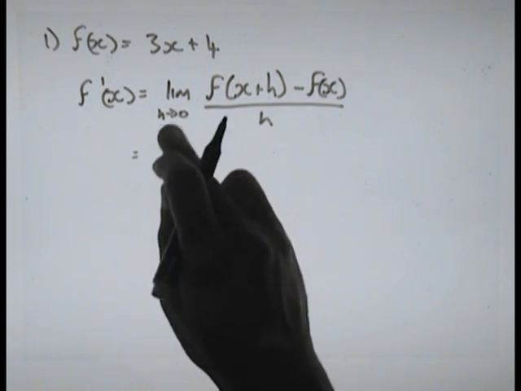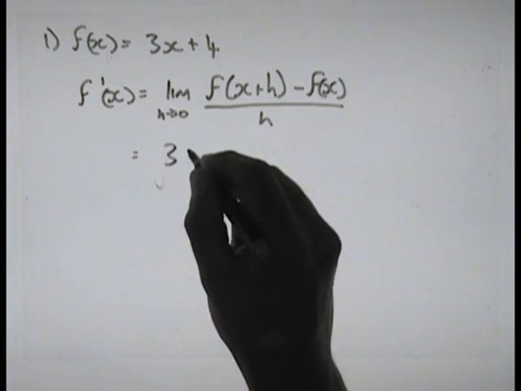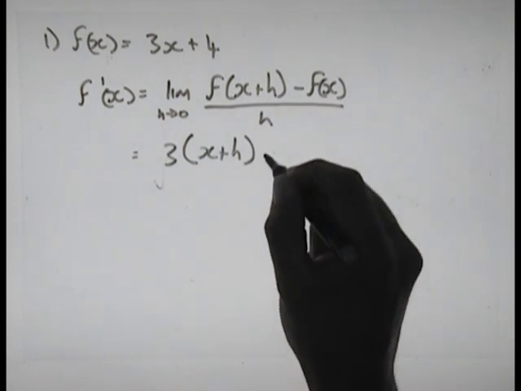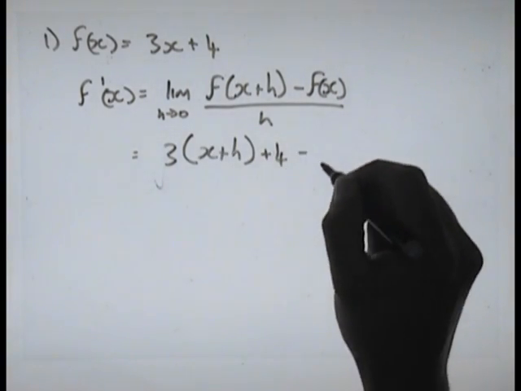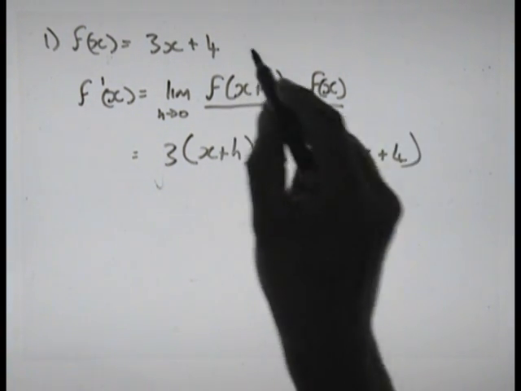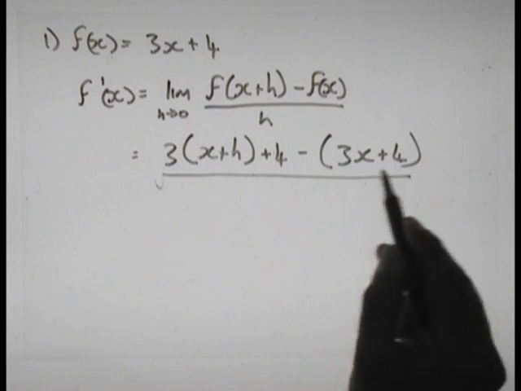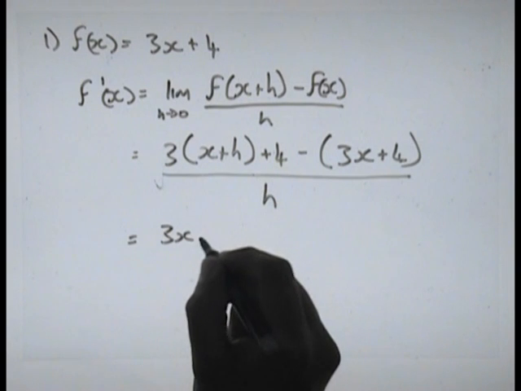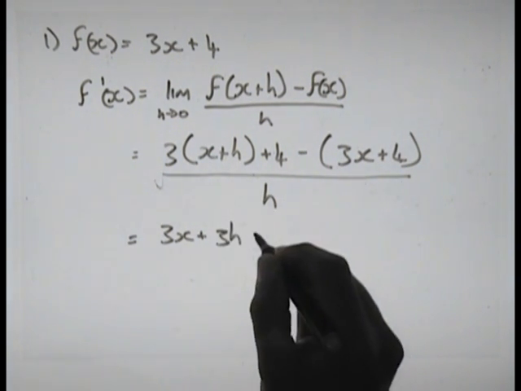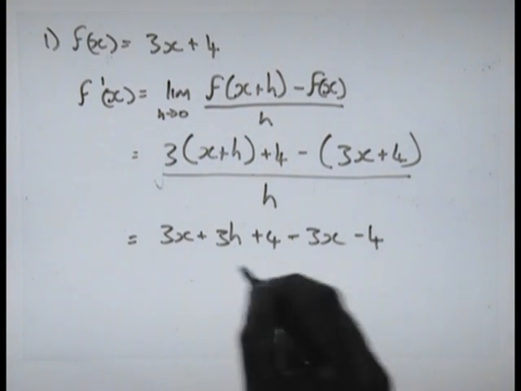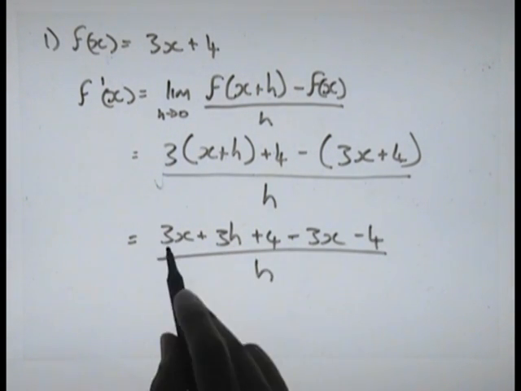f of x plus h will equal 3 times x plus h plus 4, minus f of x, minus 3x plus 4. All of that divided by h, which is going to equal 3x plus 3h plus 4 minus 3x minus 4, over h.